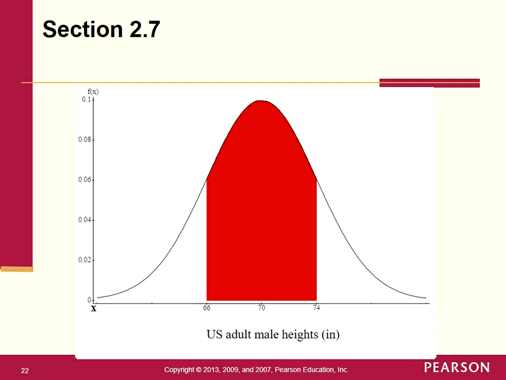Okay. So what we can say then is about 68% of the data is between what? 66 and 74 inches. In other words, about 68% of all U.S. adults have a height between what? 66 and 74. All right. So that's the first part of the empirical rule.